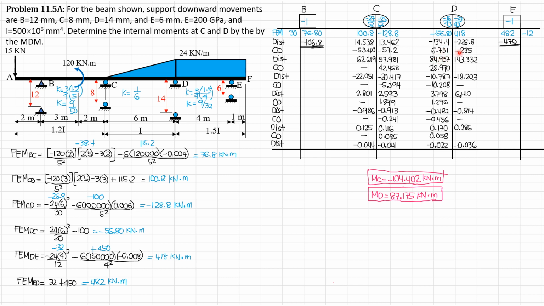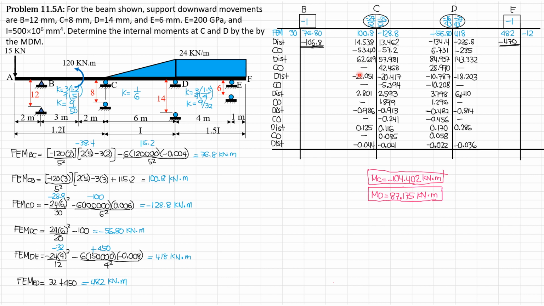That's the value. Replace 16 by 27. That's the value. Then carry over, because this is a repetitive process cycle until such time that the distributed moment would be very, very small or less than our guide, less than absolute value of 0.1.